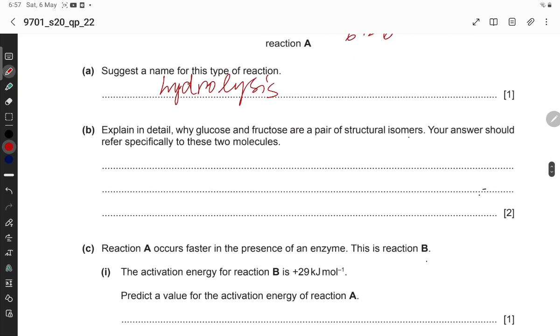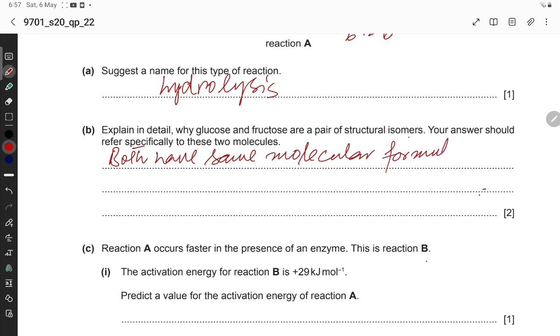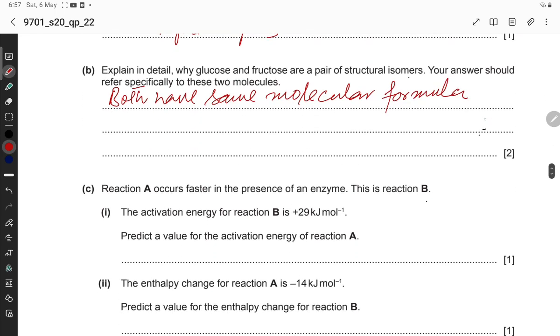Explain in detail why glucose and fructose are a pair of structural isomers. Both have the same molecular formula but different structural formula.